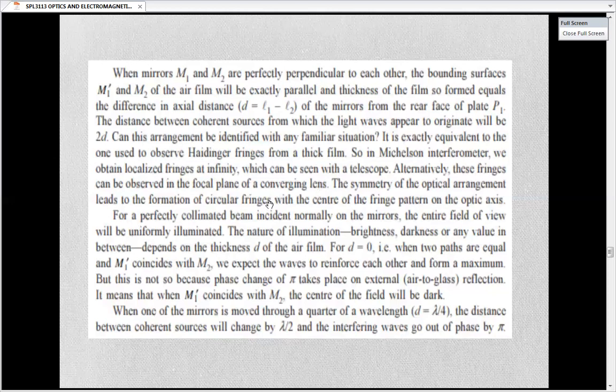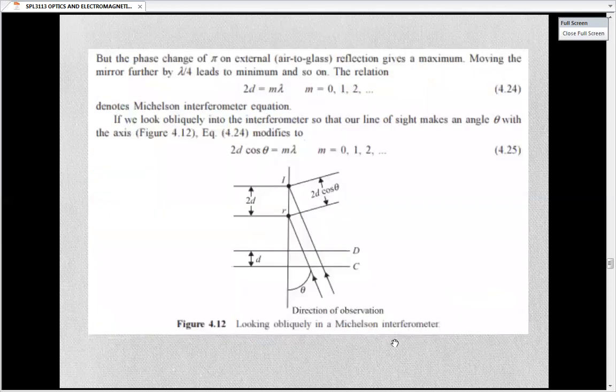For example, if the mirrors are perpendicular, we expect to have circular fringes, and of course, if they are not perfectly perpendicular, we can get fringes that are not circular in nature. So then, if these mirrors are not perfectly perpendicular, there is an introduction of an angle theta, which is now the deviation.